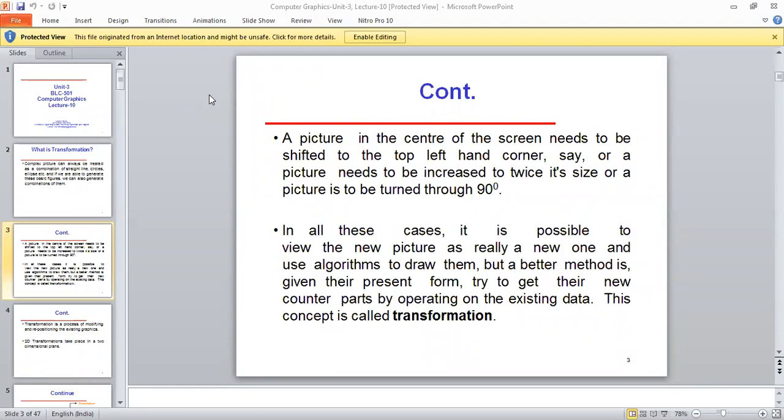First is called the translation, another is called the rotation, and third one is called the scaling. Besides these, there are other transformations, but mainly we will concentrate on these three. A picture or image we can move from one place to another, we can increase or reduce the size, or we can rotate the particular image to get good visibility.